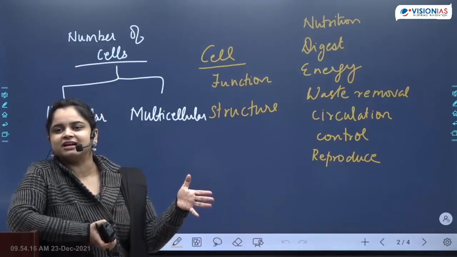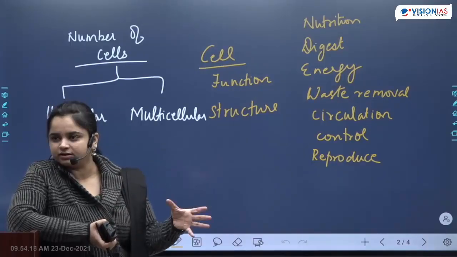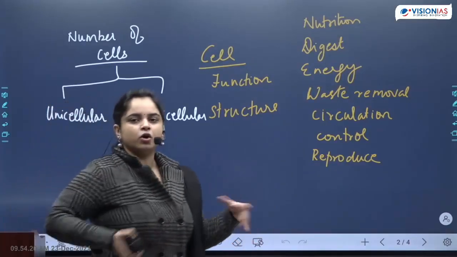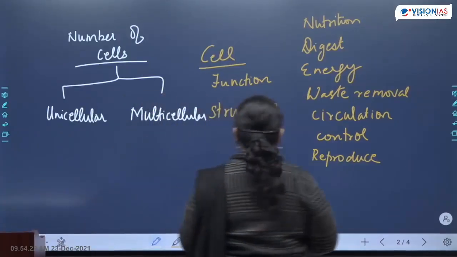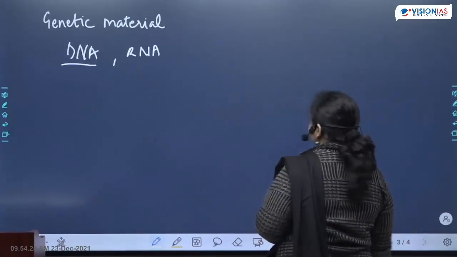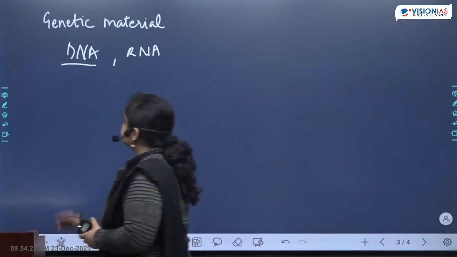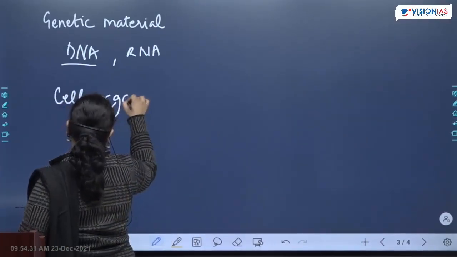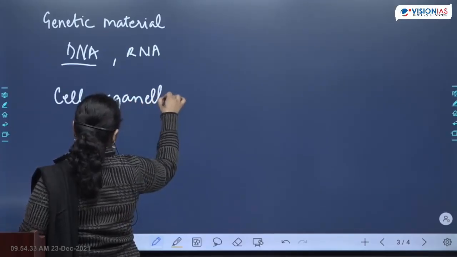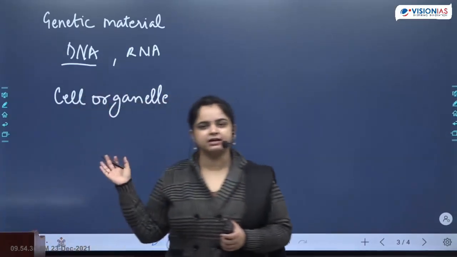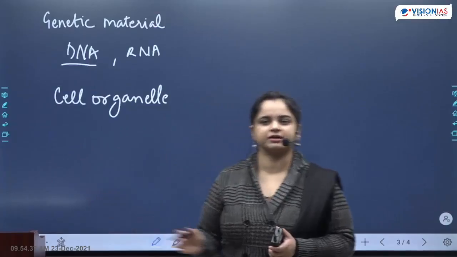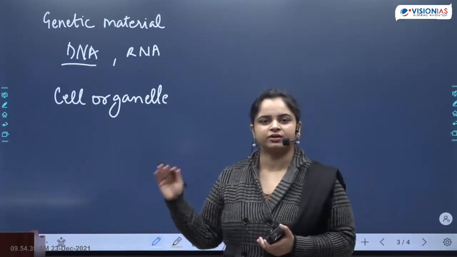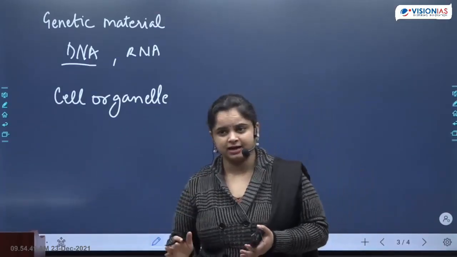You can understand it with the analogy of the organs. So just like that, organs are at the level of the organism. At the level of individual cells, we have something called a cell organelle. Now we will study about the different types of cell organelle and what their functions are in detail after this.